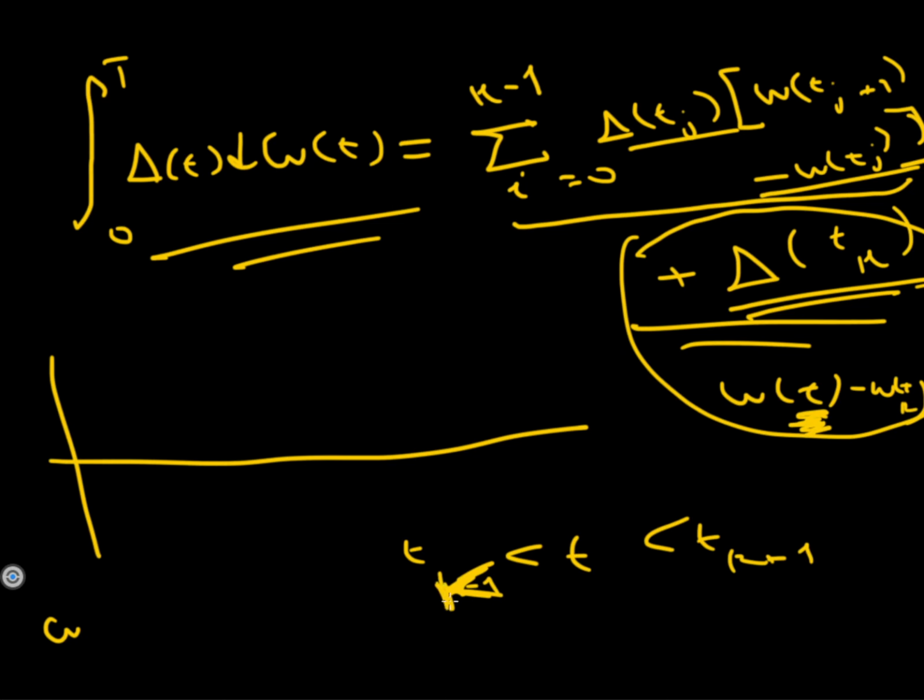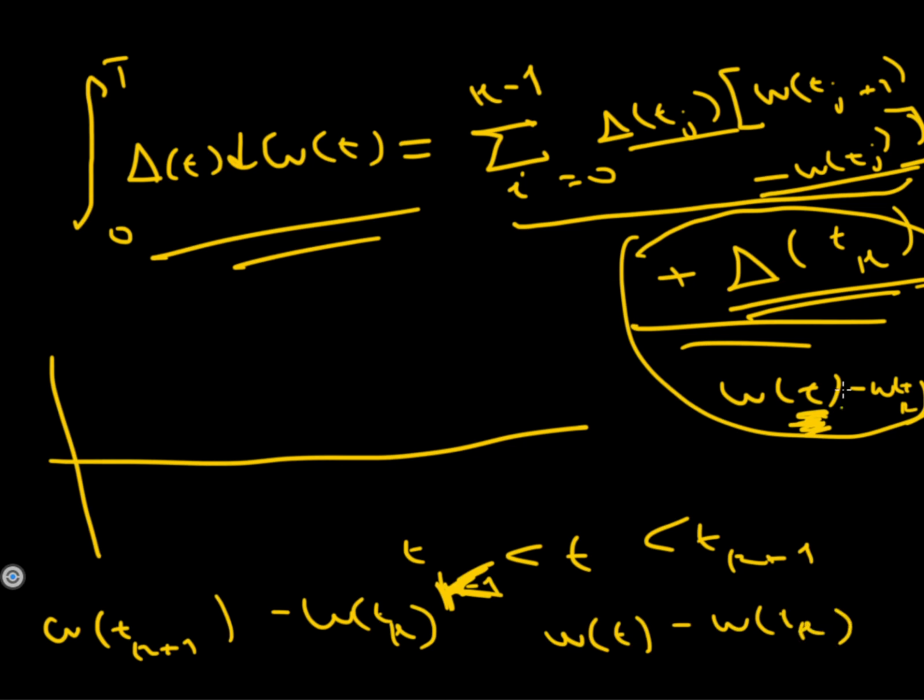So what we'll be looking at is that, as you can see, the increment, instead of omega tk plus 1 minus omega tk, since t lies between tk and tk plus 1, what we'll be taking is omega t minus omega tk, and that's why this is separate from that summation, because the summation is simply these increments times the simple process's previous value, for example, delta tk times omega tk plus 1 minus omega tk.